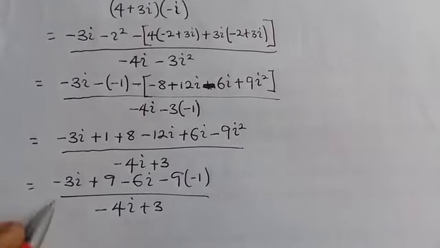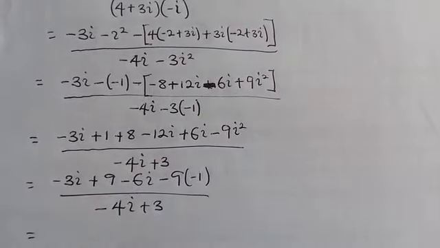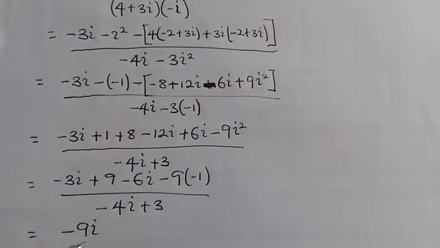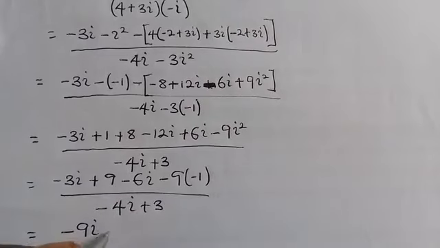Here we have -3i minus 6i. That will give us -9i. Plus 9, minus times -1, we have plus 9. So 9 plus 9, we have 18.